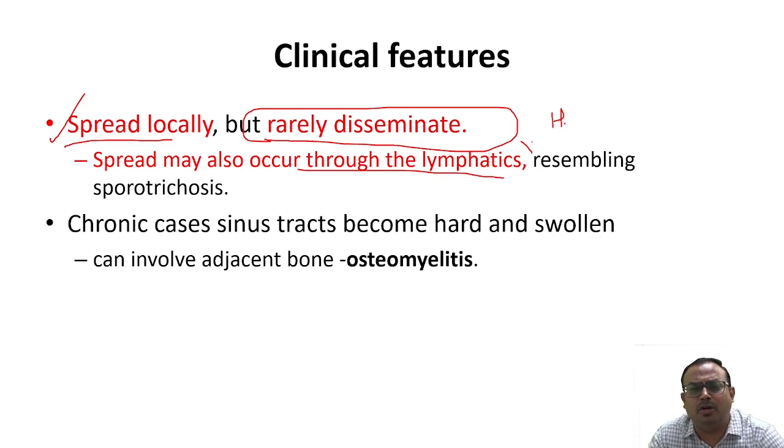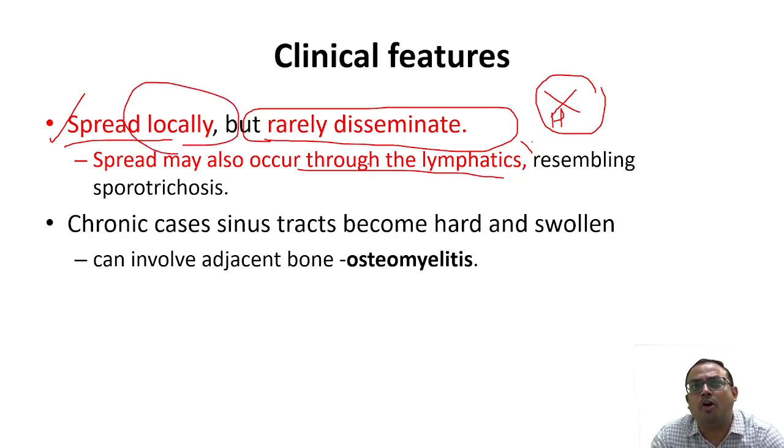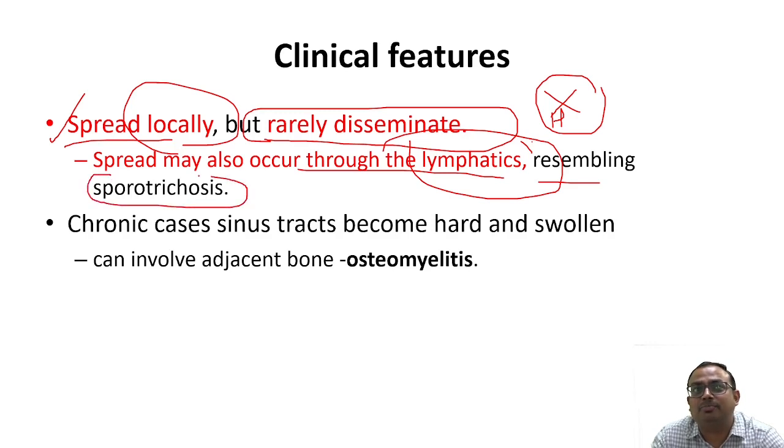Hematogenous spread, although discussed by some researchers, is rare. You may make a note that the spread is either by local means or through lymphatics, which closely resembles the other subcutaneous mycosis, that is sporotrichosis. This is also important, and we will be discussing this some other day.